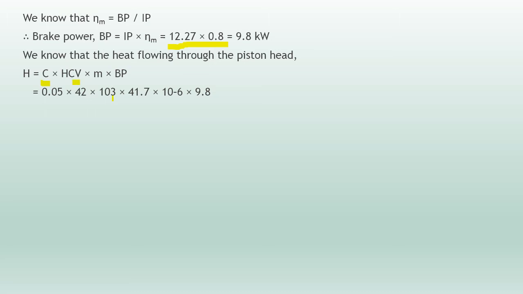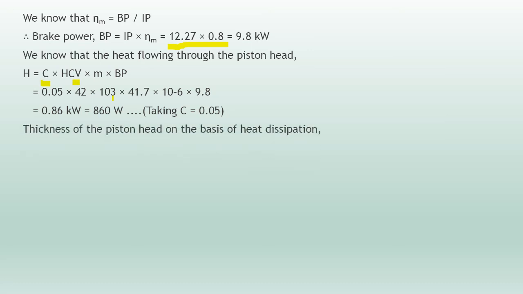Then we have mass flow consumption 41.7 into 10 to the power minus 6, and the BP is 9.8. Now put all these values in your calculator and calculate. So you will get 0.86 kilowatt, which is equal to 860 watt, by taking C equal to 0.05.